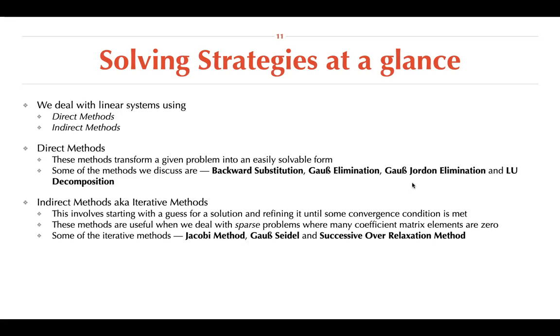They converge very fast in those cases. Some of the iterative methods are the Jacobi method, the Gauss-Seidel method, and successive over-relaxation, which is a way of improving the Gauss-Seidel method. We will not talk about indirect methods today. We will talk about them in some other talk.